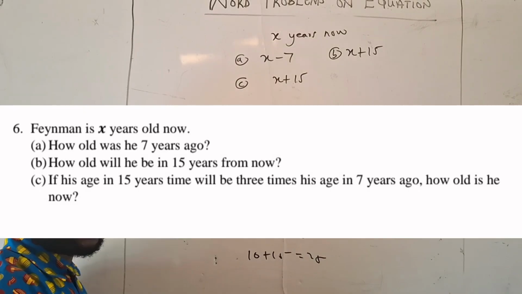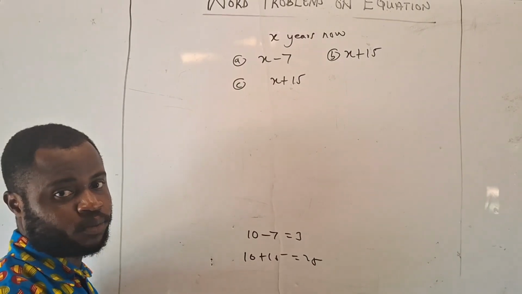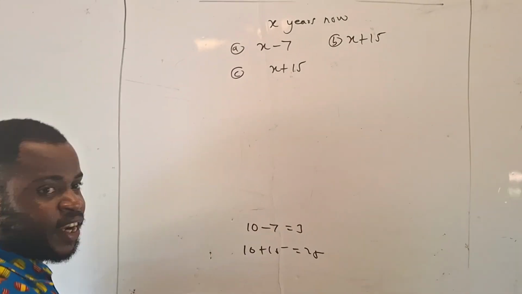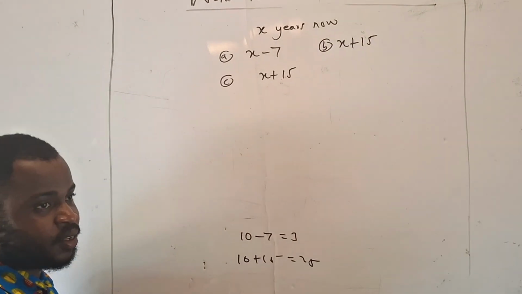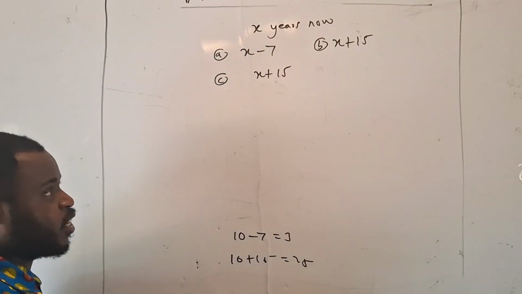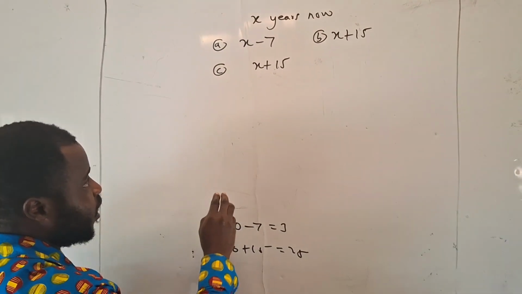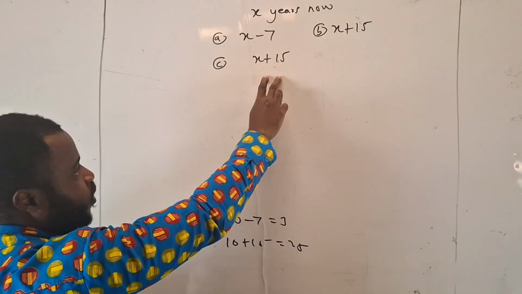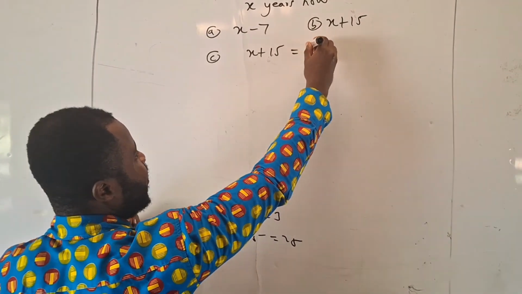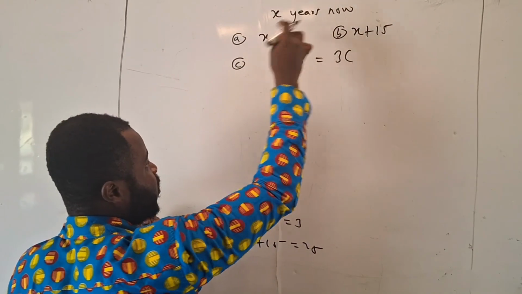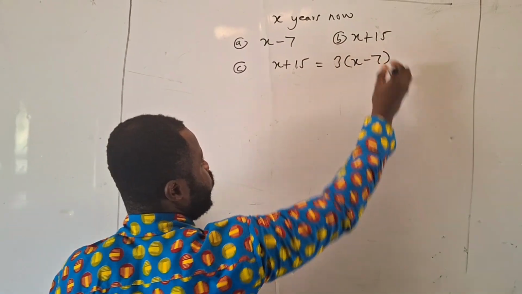Now, I've told you, when we introduce the equal sign, when you hear "as once" in a statement, or when you hear "final result" in a statement, another one that introduces the equal sign is "will be". Yes, so if his age in 15 years time, which is this, will be 3 times his age 7 years ago. This is his age 7 years ago. So this one is x minus 7.